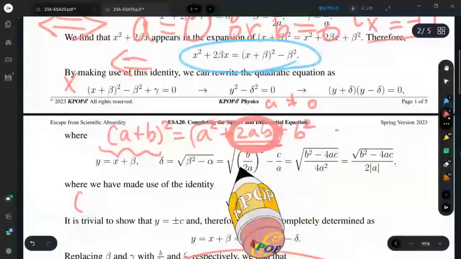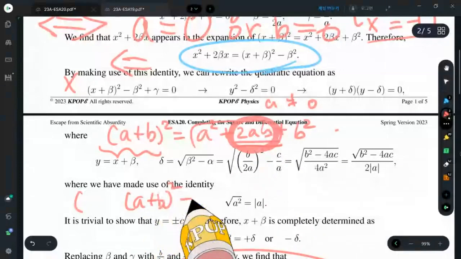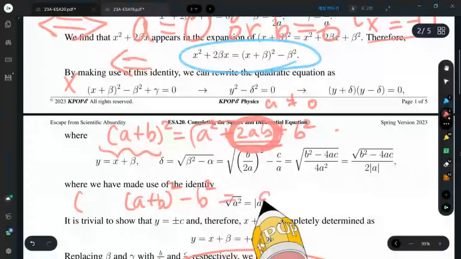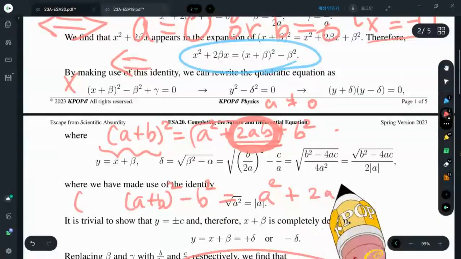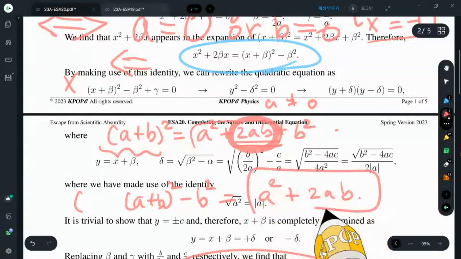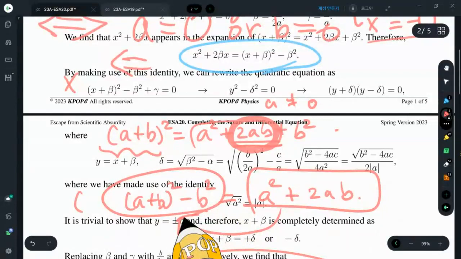So a plus b squared minus b squared equals a squared plus 2ab. Converting this one into this is called completing the square.